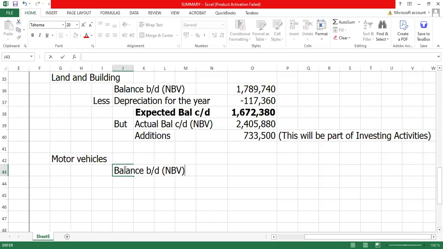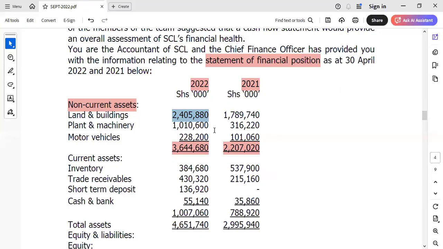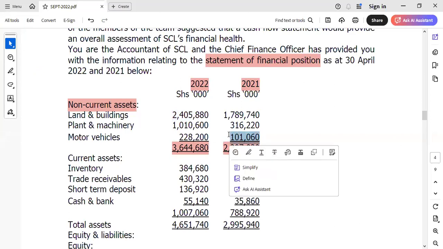Remember, if you have cost and accumulated depreciation, you get the difference. How much do you have at the start for motor vehicles? These numbers are not hard, but they tend to take time. But they are not all that complicated.